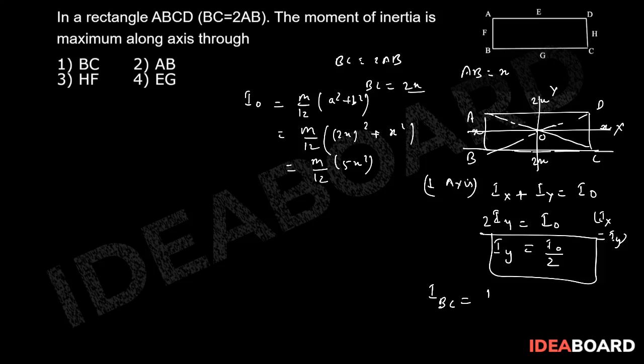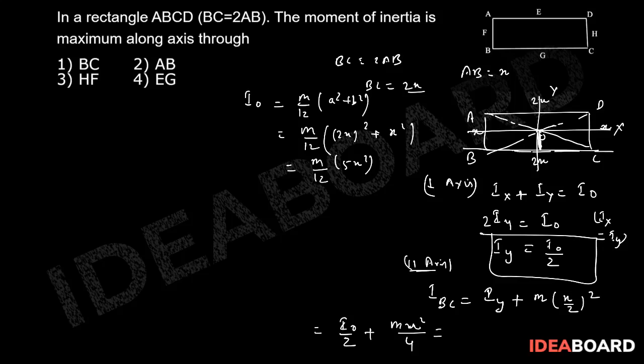This is the value of Iy, and that's why IBC will be Iy plus m d squared, where d is the perpendicular distance, which is x by 2. This is the parallel axis theorem. If you put the values, we get I0 by 2 plus m into x squared by 4.